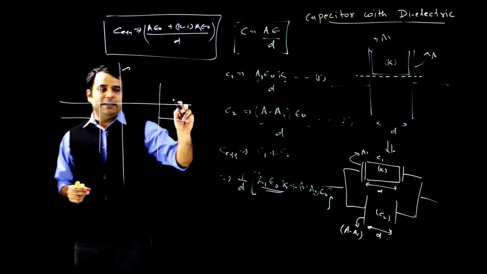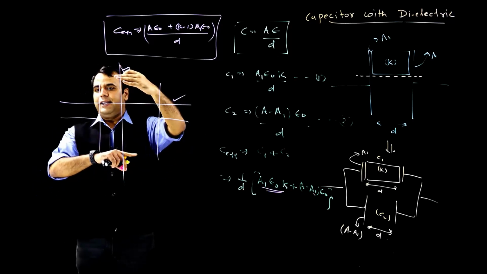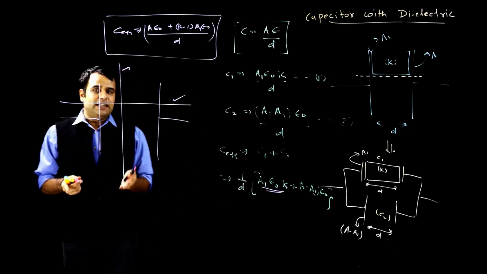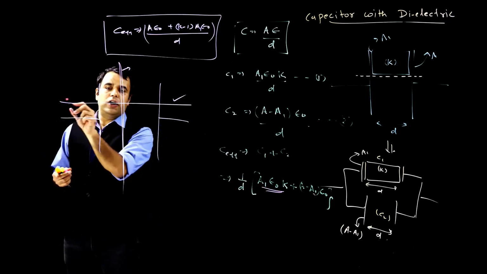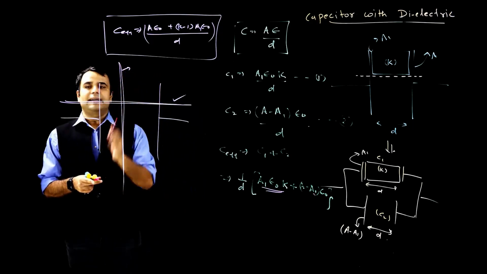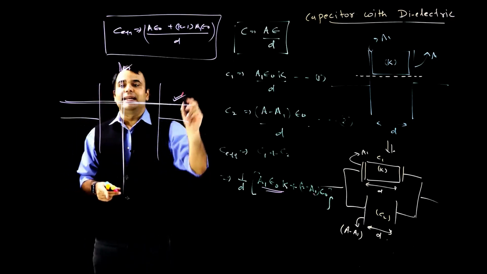But if I cut it perpendicular to the cross-section area, the portions we get should be connected in parallel. Either you cut parallel or you cut perpendicular, there is no problem, but how you join the portions after cutting depends upon how you cut the capacitor.